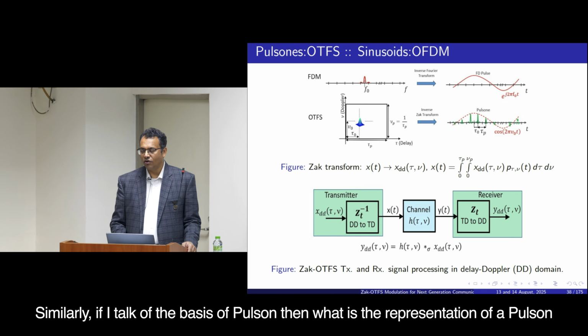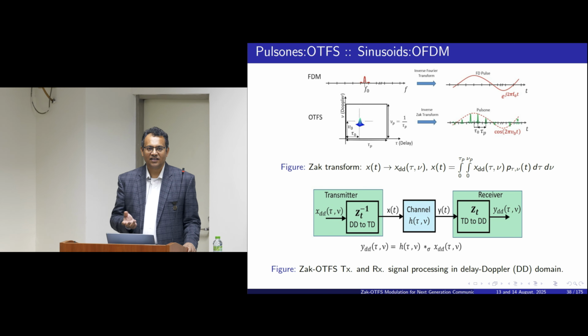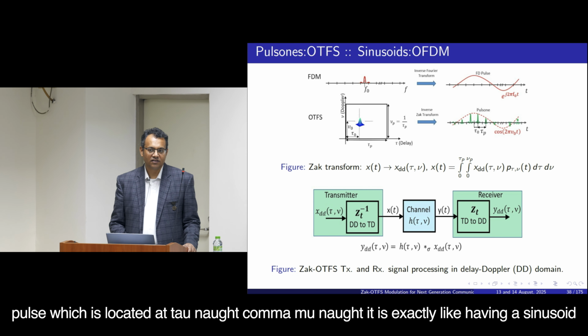Similarly, if I talk of the basis of pulsons, then what is the representation of a pulson in this basis of pulsons? It has to be again a Dirac delta, right. So this pulson tau naught nu naught in the delay-Doppler domain is basically a narrow pulse which is located at tau naught comma nu naught.